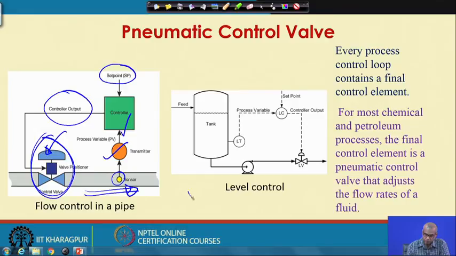Similarly, in this figure you see a schematic of level control in a tank. So, I measure the value of the level and that information is sent to the level controller. The level transmitter is indicated by LT. It transmits the information about the level at any point of time to the level controller.